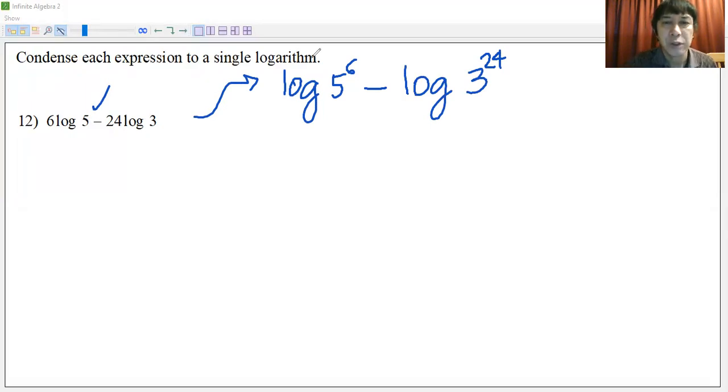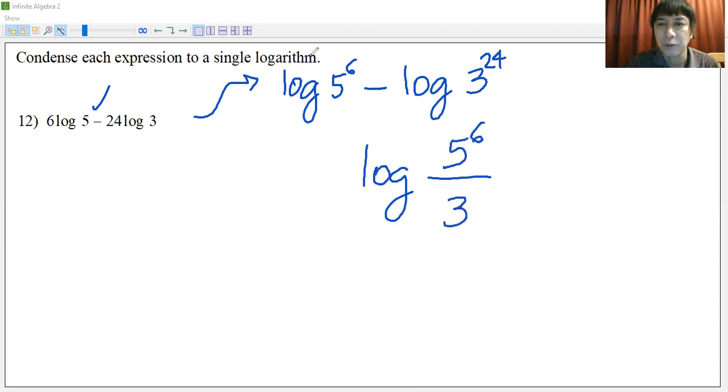All right, single logarithm. Okay, as you can see, there's no base number here. So that means this is base 10. All right, so we can express this as a ratio. We will now use the 5 to the 6 here and 3 to the 24 right there.